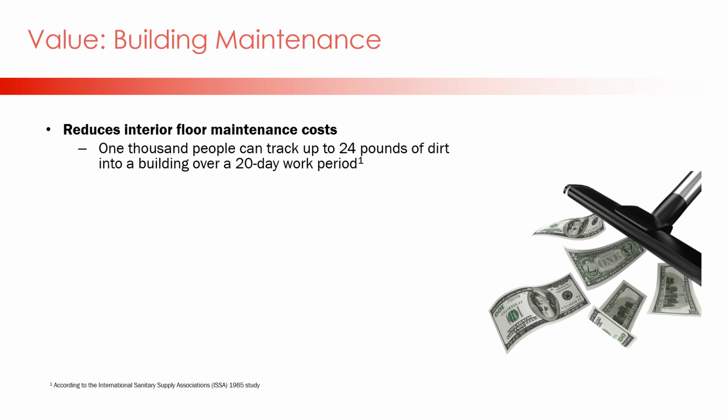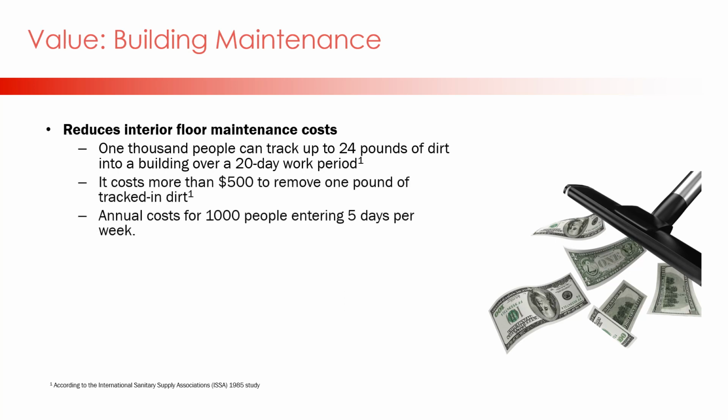For example, in an office building with a typical Monday to Friday work week and a traffic flow of 1,000 people entering per day, those 1,000 people will track up to 24 pounds of dirt into the building over a 20-day period. If it costs $500 to remove 1 pound of dirt, it costs $12,000 per month to remove the tracked-in dirt.